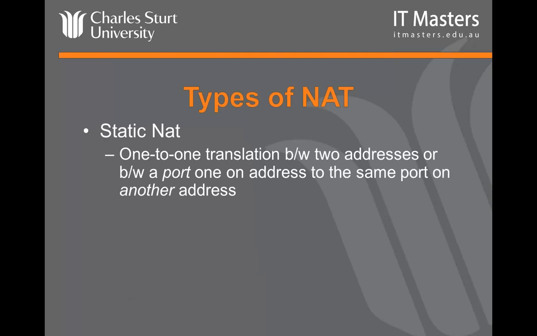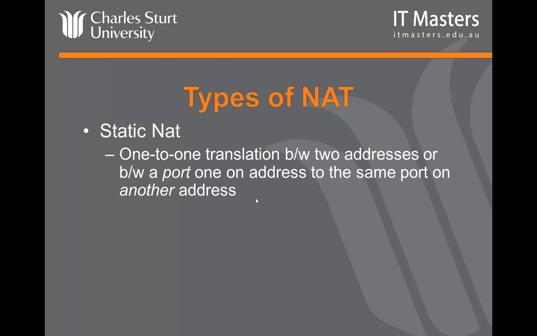Static NAT. Static NAT is a one-to-one translation between two addresses, or between a port on one address and the same port on another address. So port 80 on one address to port 80 on another address, or a one-to-one translation.